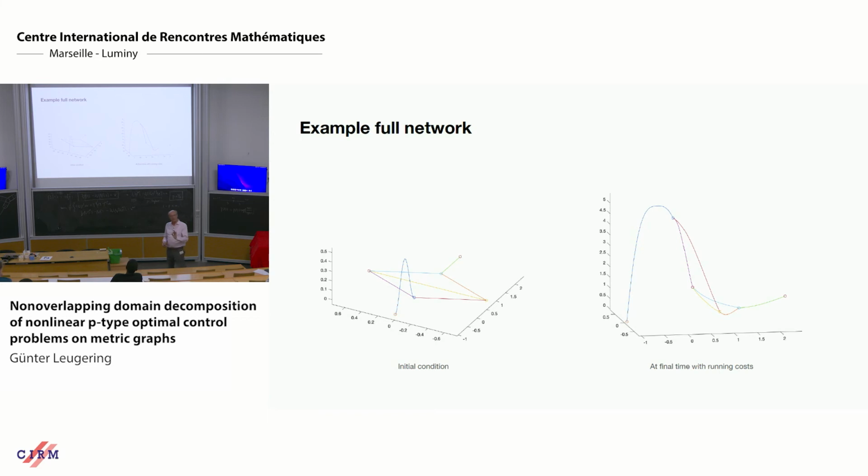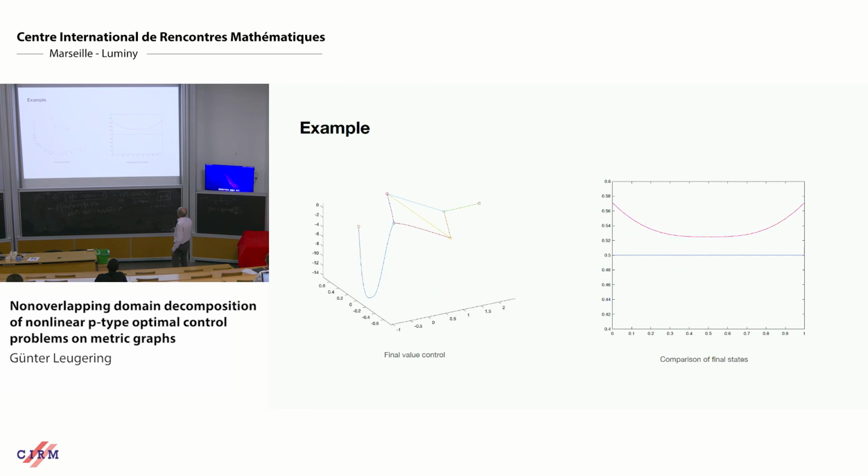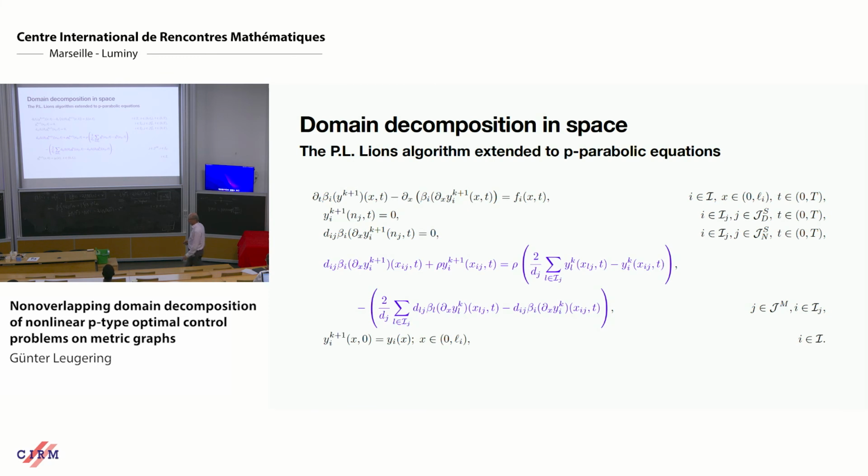The question now is, can you get this kind of thing using domain decomposition, doing domain decomposition in space and possibly also in time, right? Okay, I think I have to speed up quite dramatically, so you can also do this for final value control, and so on and so forth. But the important point in this meeting is domain decomposition.